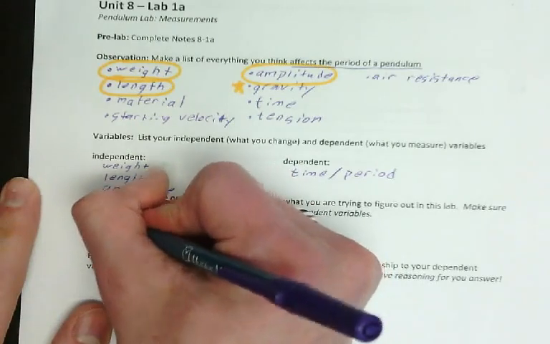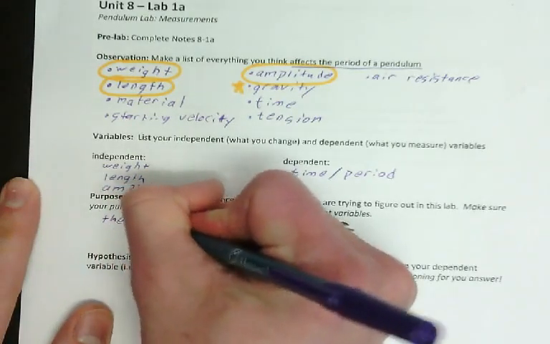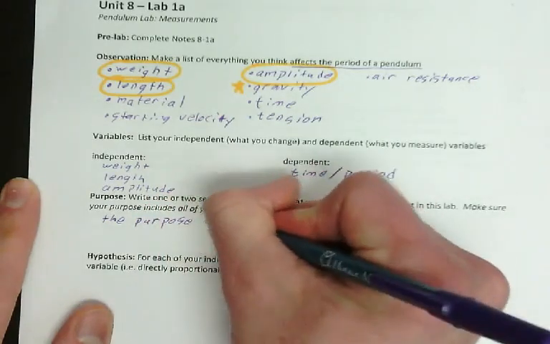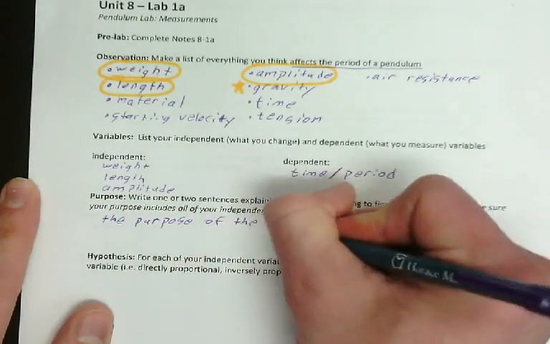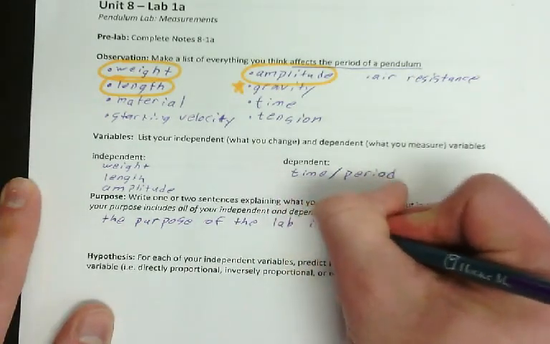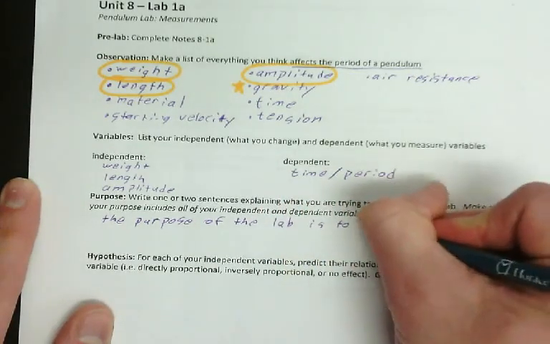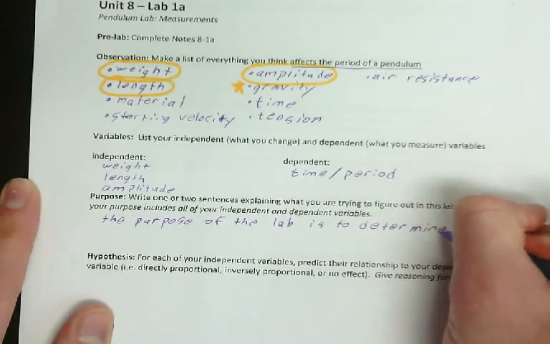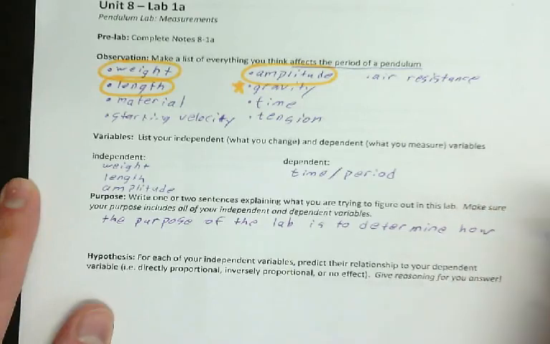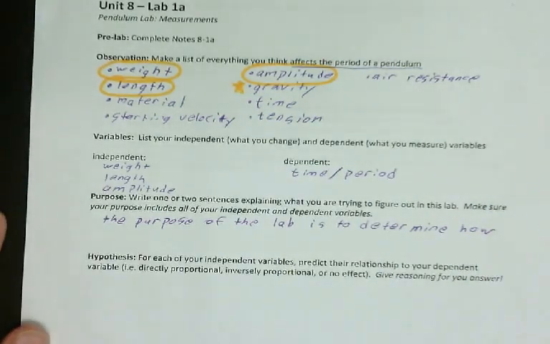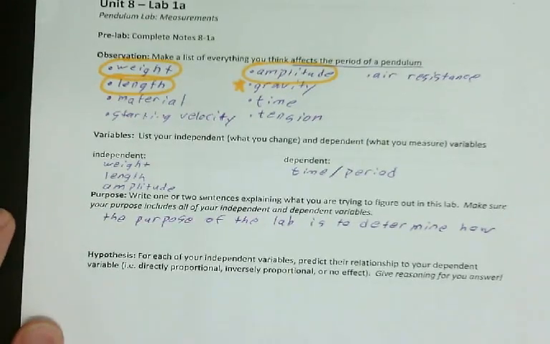So you write the purpose of the lab is to determine how, so that's what you write every time. Then you explain what it is that you're determining.